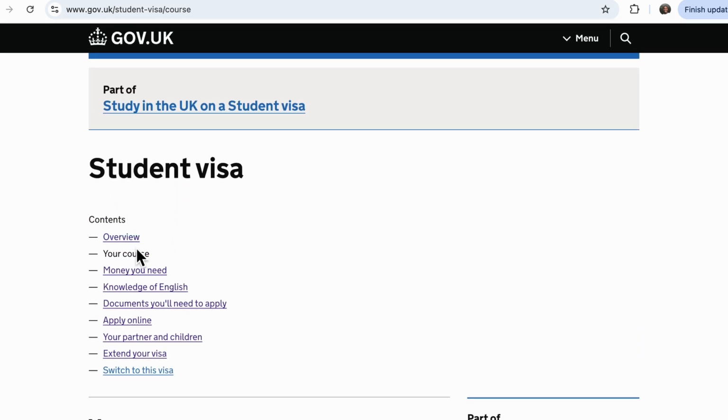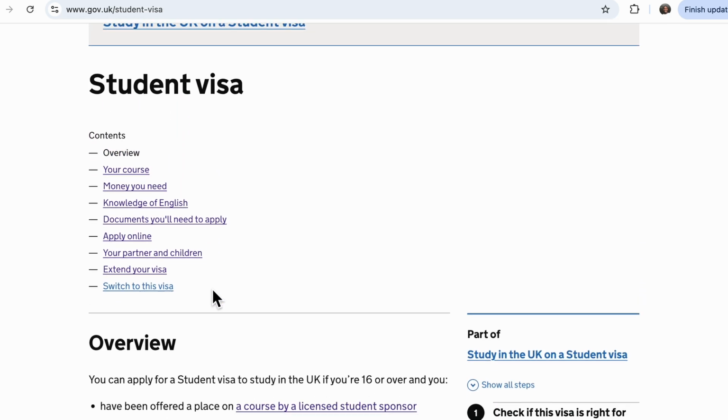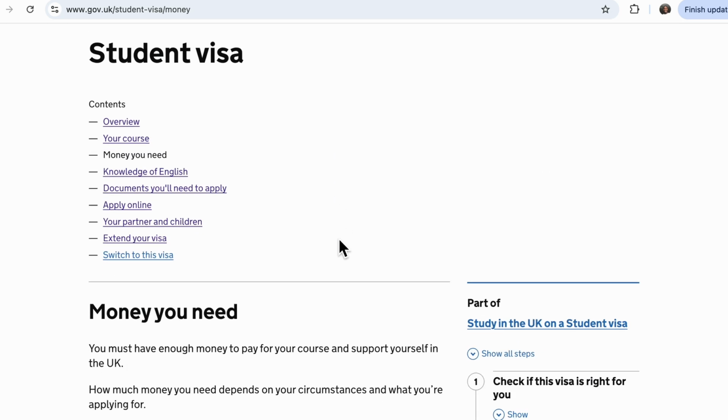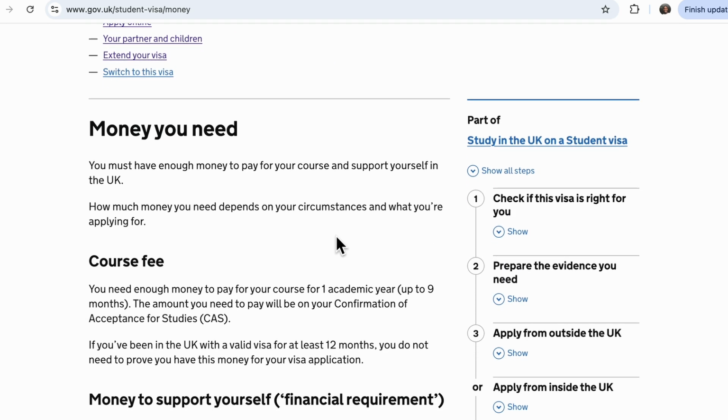So let's go back to see a few more things on the student visa. They're saying you should also have enough money to support yourself and pay for your course. The amount will vary depending on your circumstances. So let's read what they're saying here. You must have enough money to pay for your course and support yourself in the UK.